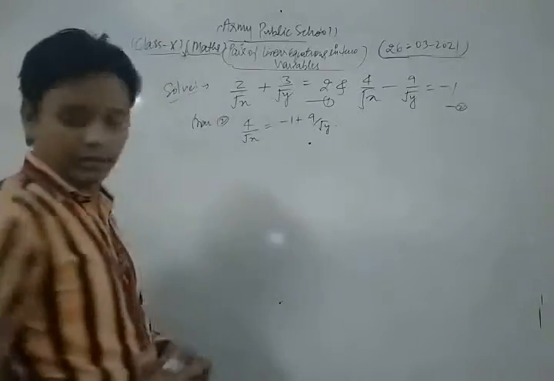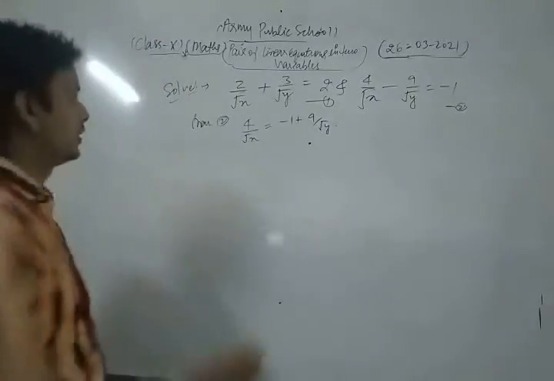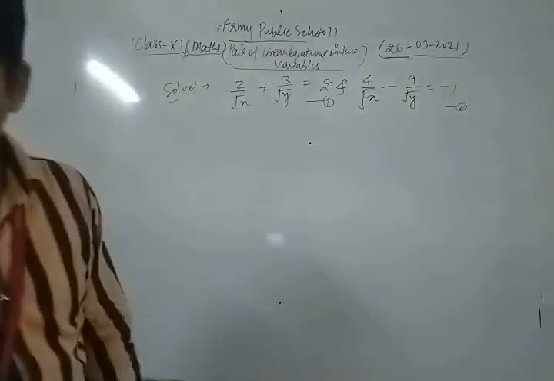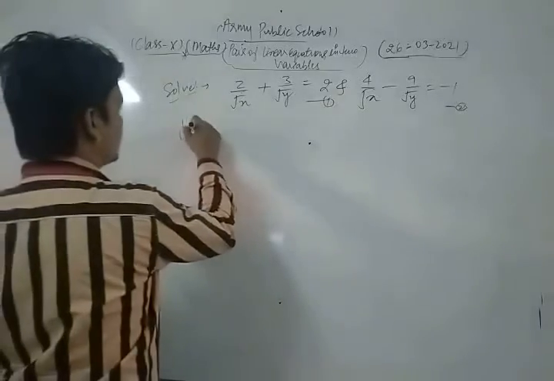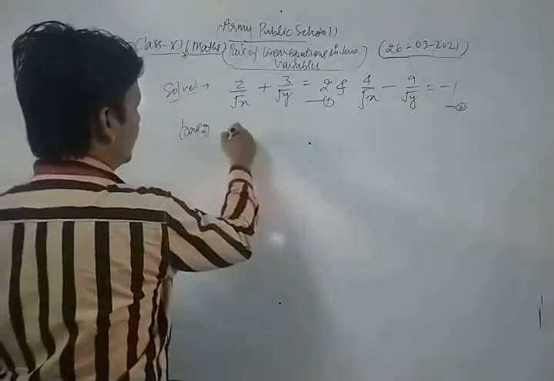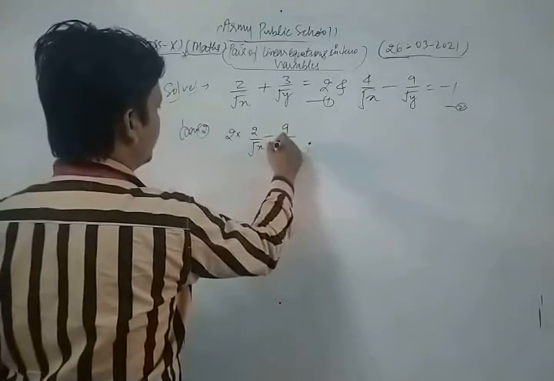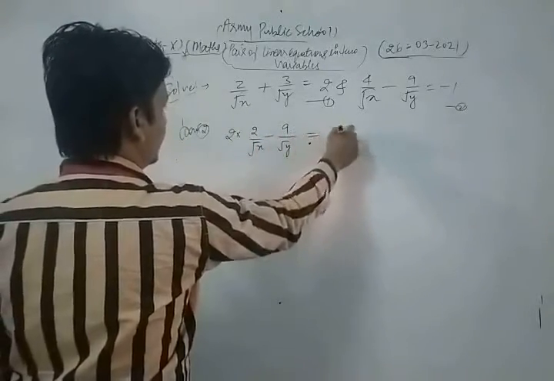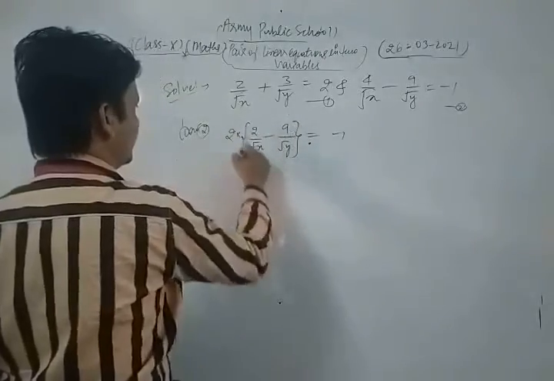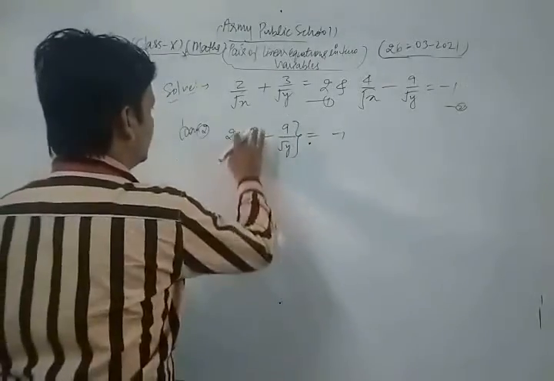Or we also write in this way, students. From 2 we write 2 into 2 upon root x minus 9 upon root y is equal to minus 1.